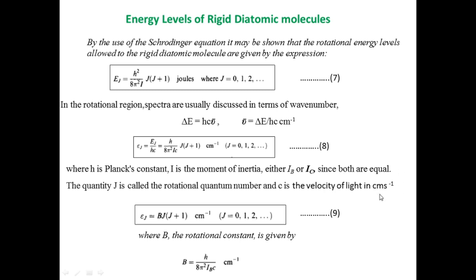You have to remember, c is velocity of light in centimeter per second, and j is called the rotational quantum number. It can have value 0, 1, 2, 3, etc.